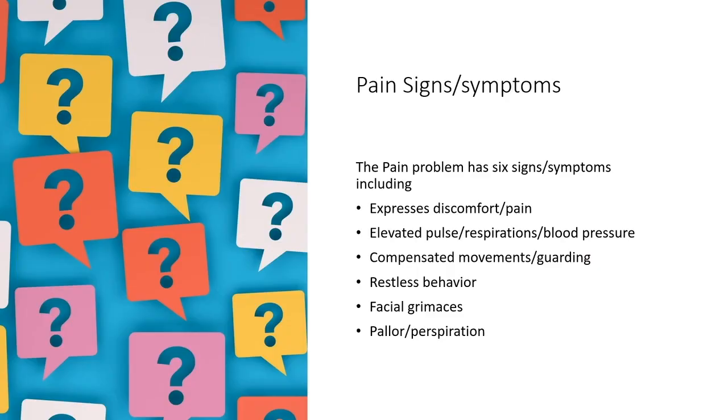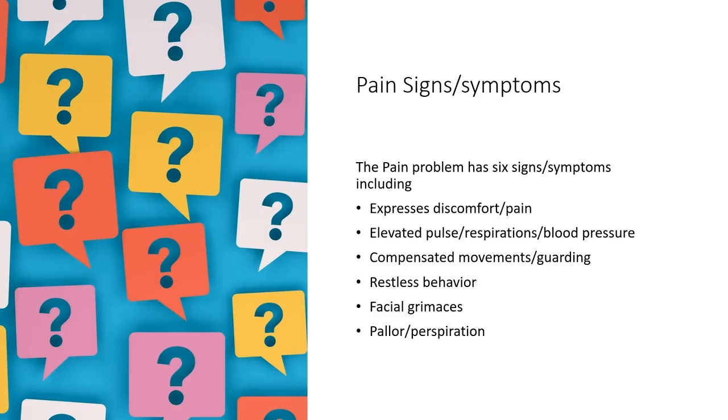Next, let's look at the signs and symptoms of pain. The pain problem has 6 signs and symptoms, including expresses discomfort, pain, elevated pulse, respirations, blood pressure, compensated movements, guarding, restless behavior, facial grimaces, pallor, perspiration.